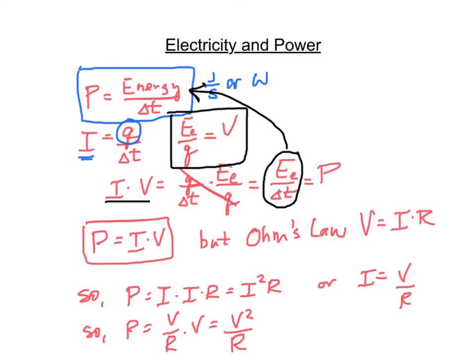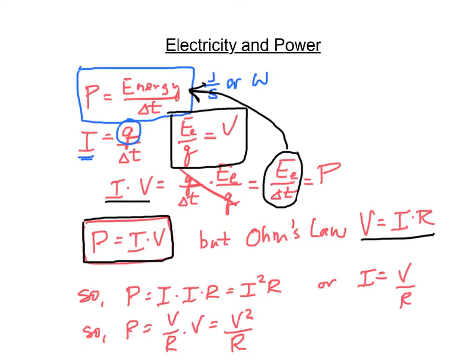So in the electrical world, power is just current times electric potential, or voltage. So I times V.